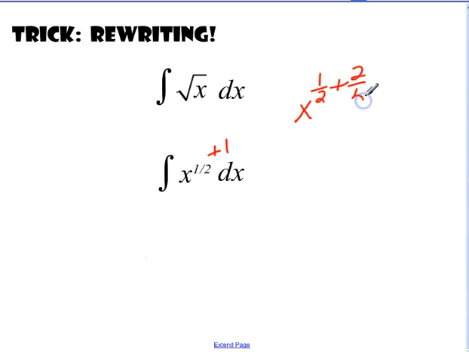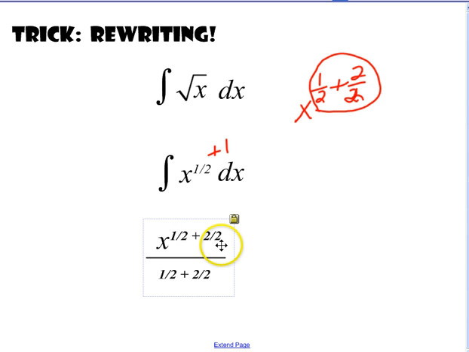And we have to remember that whenever we get a new exponent like this, that's what we divide by. So we end up getting x to the 1/2 plus 2/2 divided by 1/2 plus 2/2, which simplifies into x to the 3/2 over 3/2.